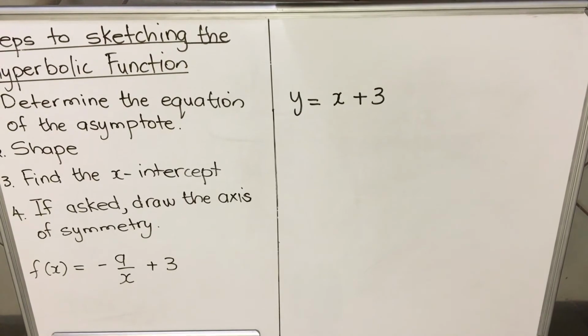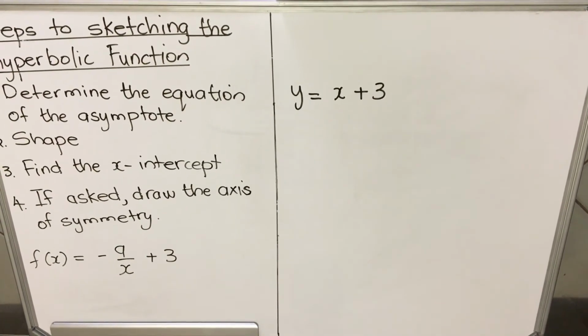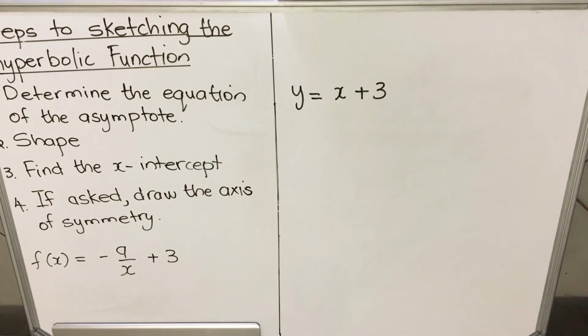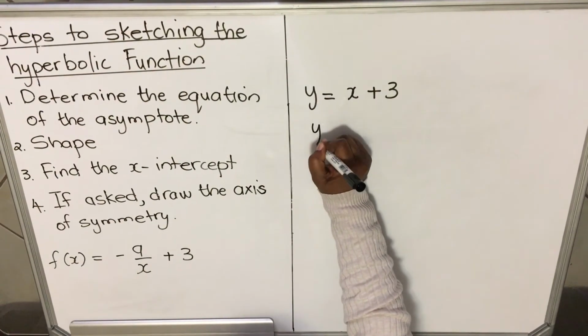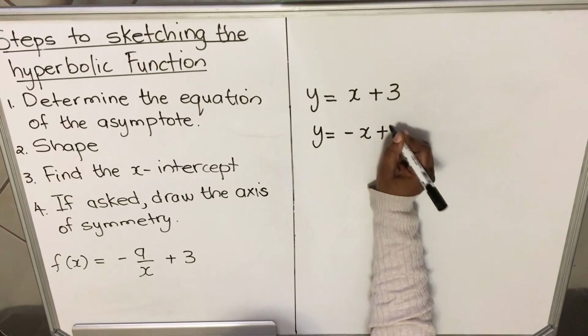That's all you do. Then if you're asked to draw it, you draw it using the intercept method for drawing a straight line. Okay, let's see how you draw the negative one. Gradient, it becomes y equals negative x plus 3.